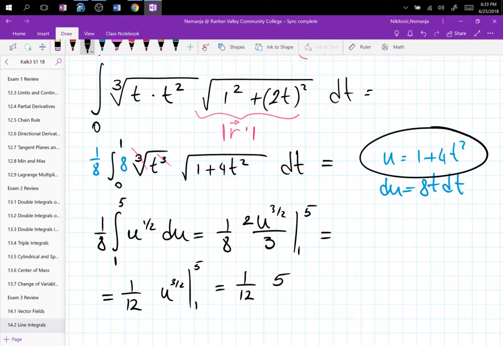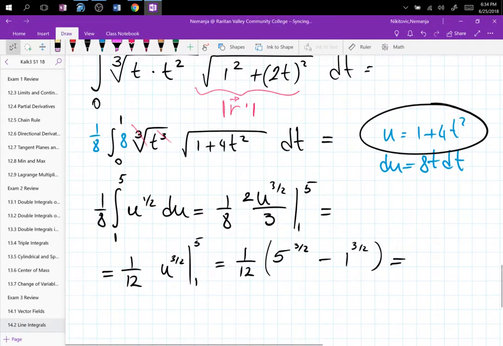You use the u sub equation. You plug each one, minus 1 raised to the 3/2. And that's equal to some number over here.